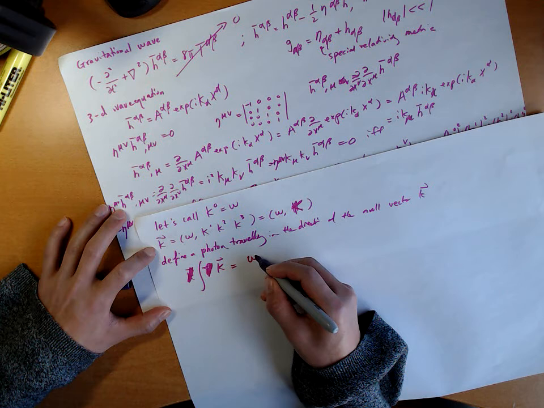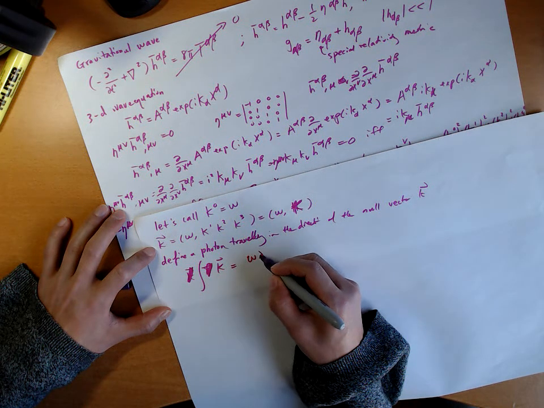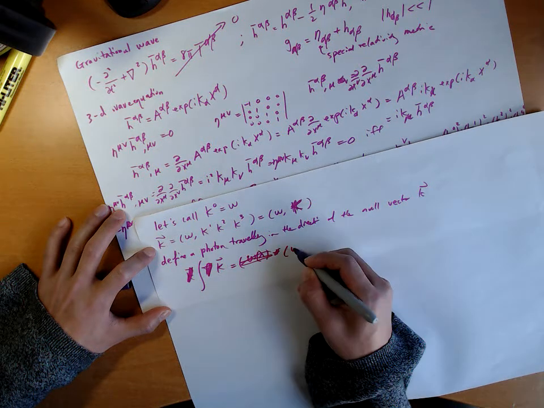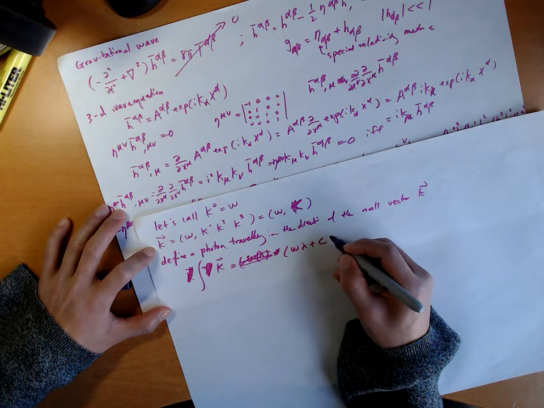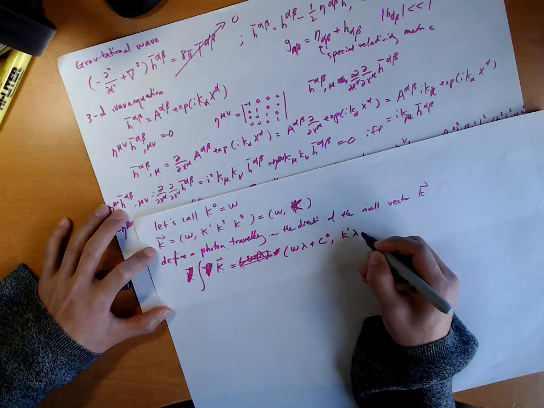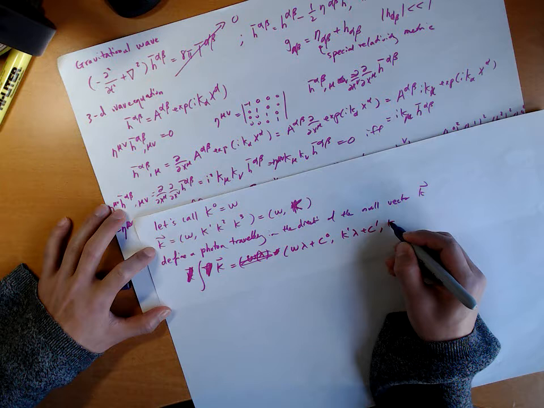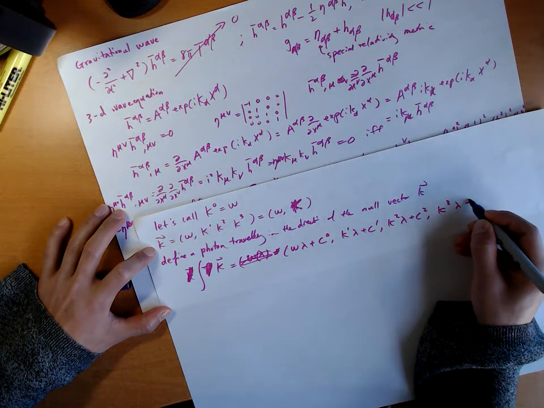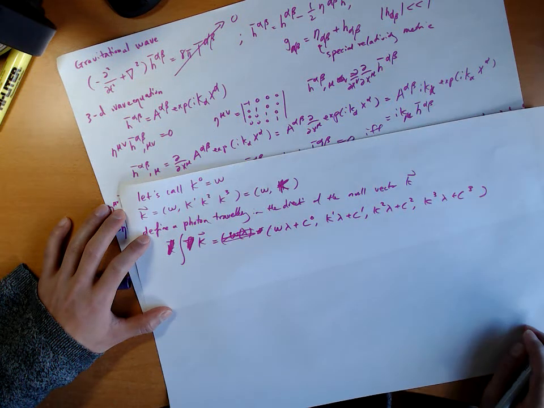So w mu plus k1 mu plus some constant c, k2 mu plus c2, k3 plus c3. Right.